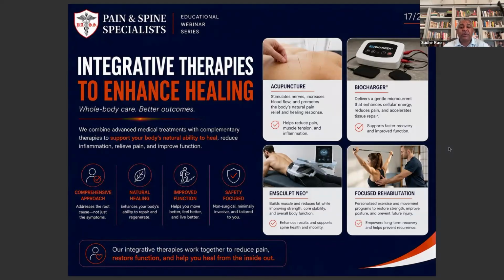We can also use something called the biocharger, which is a personal favorite of mine lately. Biocharger works on optimizing how our body sends signaling throughout our own body. It works on four tenets: light, vibration, pulse electromagnetic frequency, and, I always forget the fourth one.